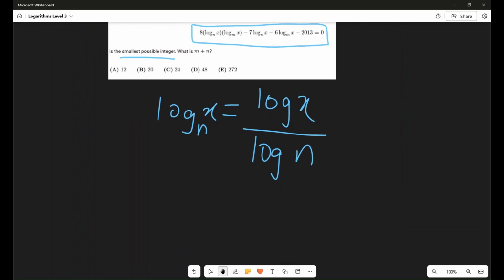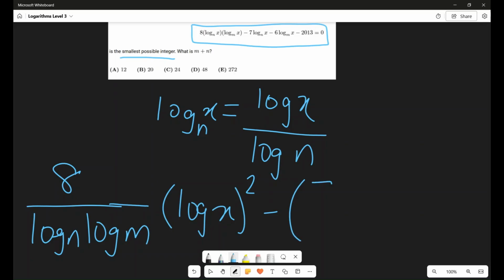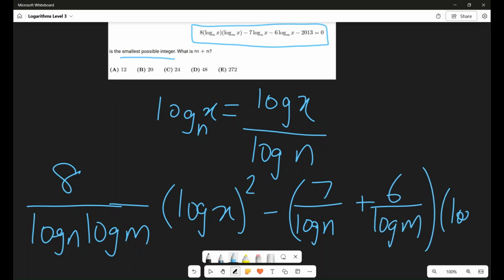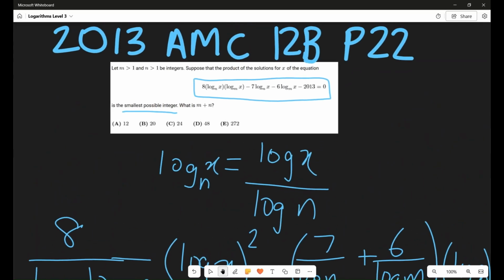So if we do that in this question, we get 8 over log n log m times log x whole squared minus 7 over log n plus 6 over log m times log of x. And then we have that constant term at the end, minus 2013, and we know that that is all equal to 0.